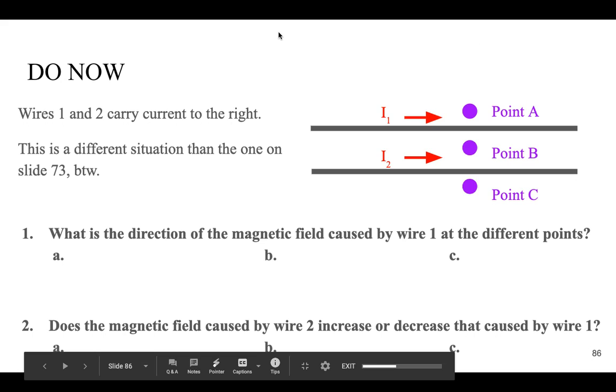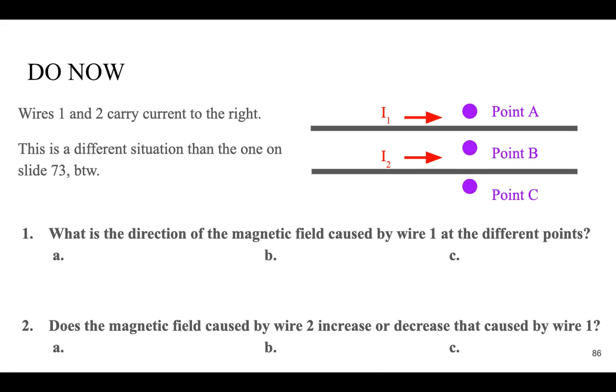So if we're looking at this, we've got wire 1 and wire 2 carrying current to the right. This is actually different than the one we had on that previous slide. First things first, look at wire 1 and think of the magnetic field caused just by wire 1. What direction will it point at points A, B, and C? This is a right-hand rule kind of thing.